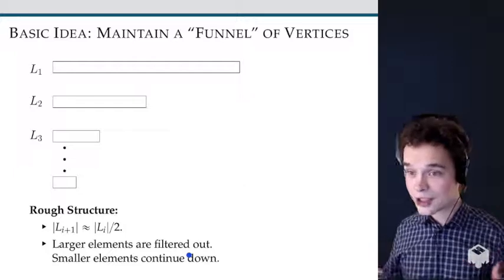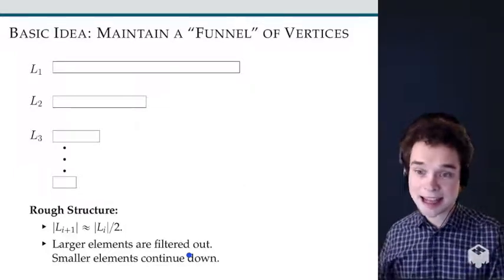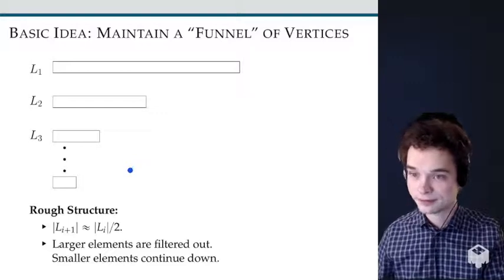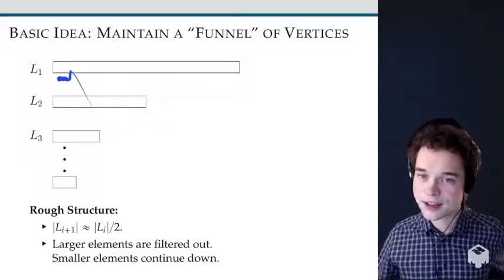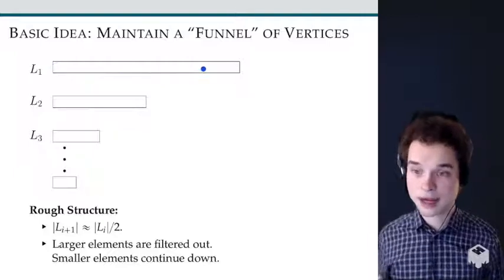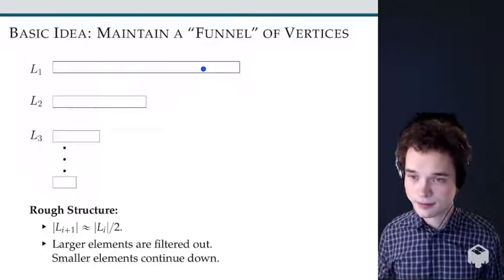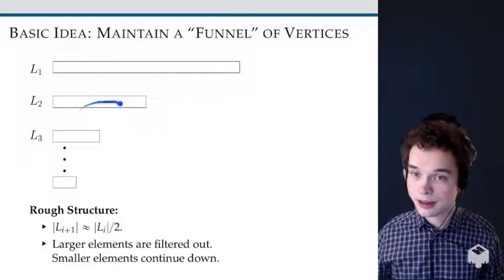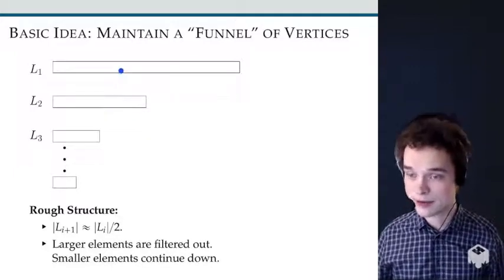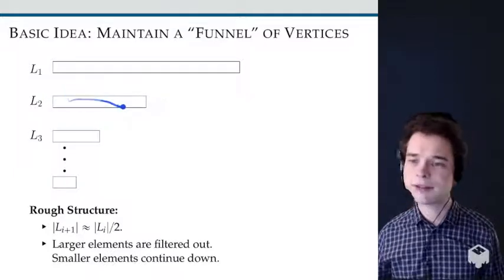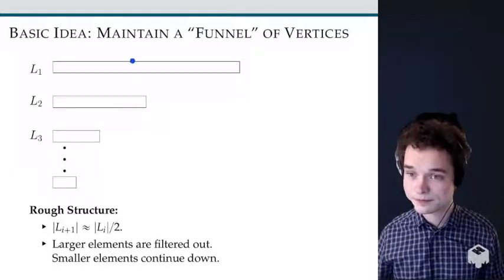Okay, the basic structure of our algorithm is that at any given moment we're going to maintain what I'm going to call a funnel. The top level of this funnel is a set L1 consisting of all the remaining vertices. And then each subsequent level is a subset of the previous level. The goal is that it should contain about half as many vertices as the previous level.